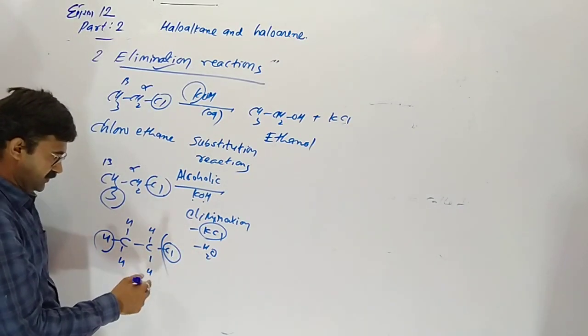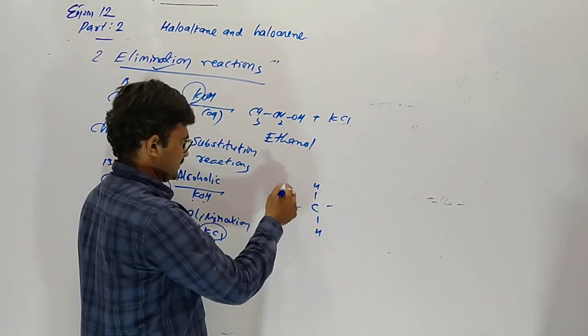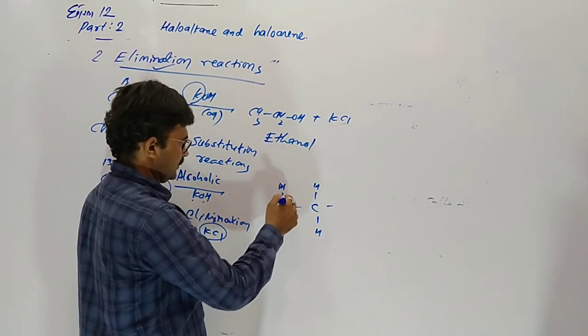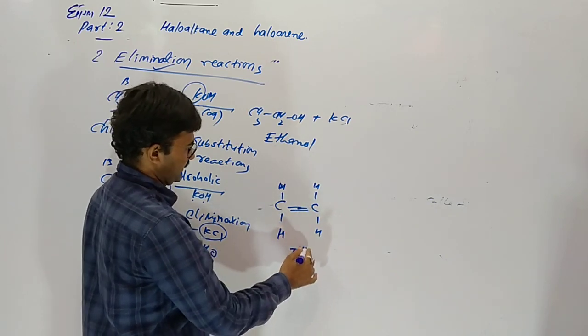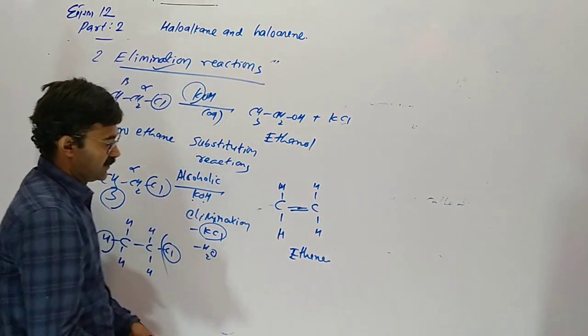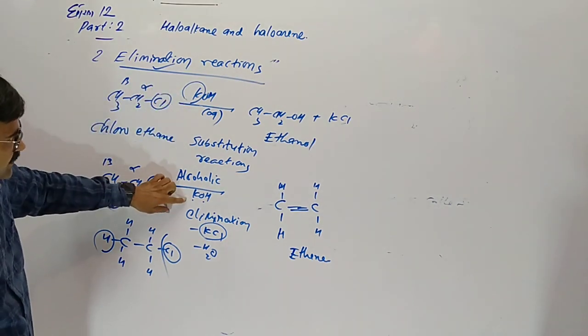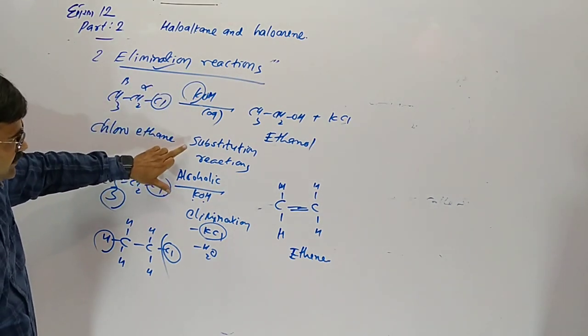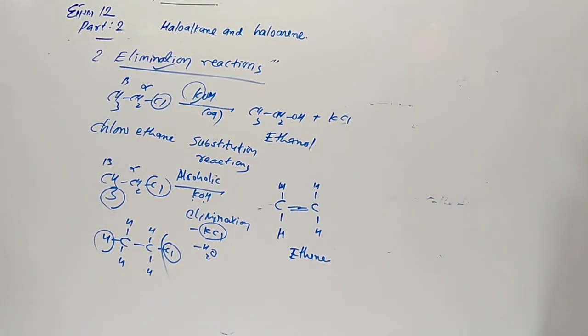So here both carbons have 1 valency vacant, open. So both combine with each other and give ethene. You can see only one word is changed, aqueous KOH and alcoholic. In aqueous KOH it gives a substitution reaction, in alcoholic KOH it gives elimination. The product will be changed.